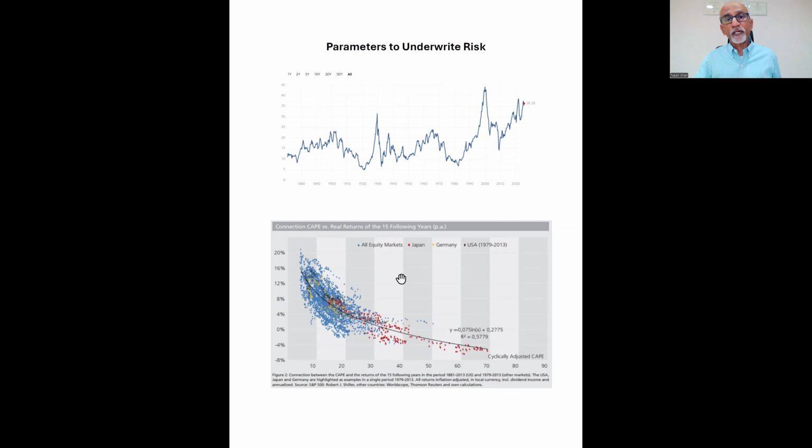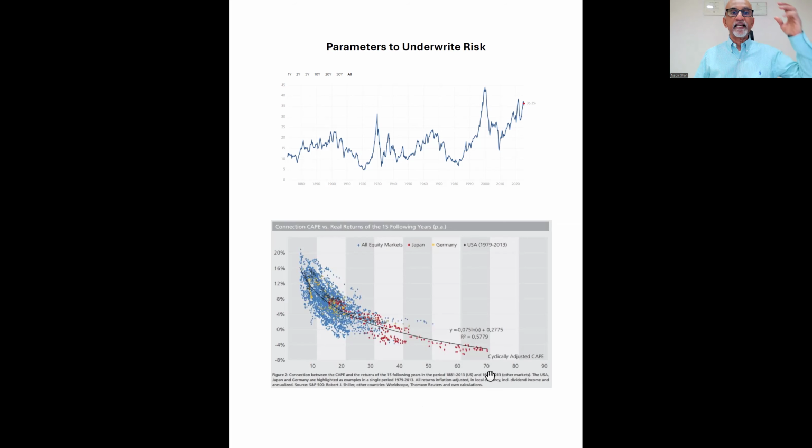And if you look at the bottom graph, it shows how the CAPE ratio is related to the future 10 to 15 years return. It's very hard to read, small, but it's the given year's CAPE ratio. It tells you what the following 15-year return on those stocks will be.